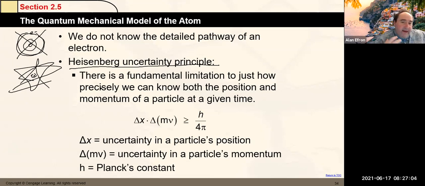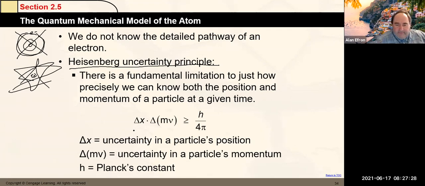So in fact, as we know more about one, we know less about the other. As we know more about how a particle is traveling, we know less about where it's located. And that's the idea behind Heisenberg's uncertainty principle.